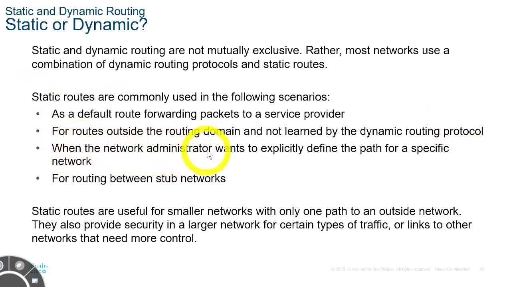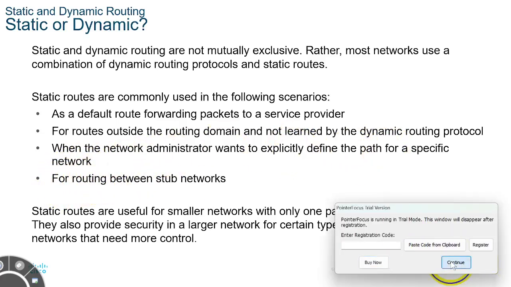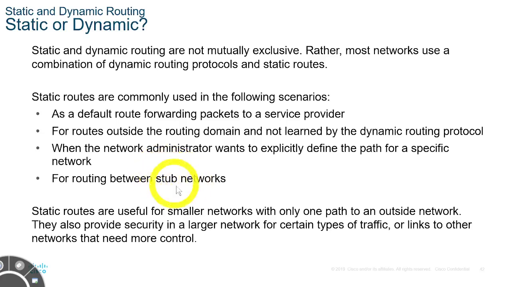Or when the network administrator wants to explicitly define the path for a specific network, and this is really important for security. And we can also define static routes for stub networks. Remember, stub networks are the networks where a router has only one source and we only have one path between these nodes.